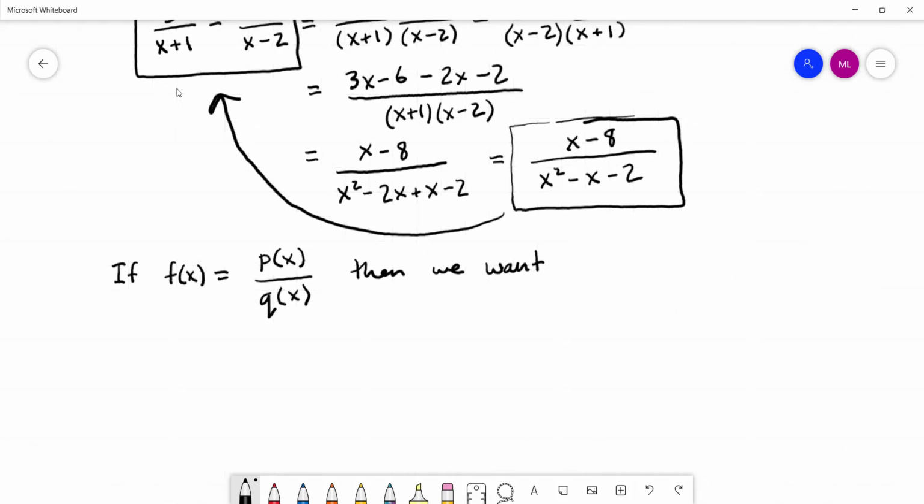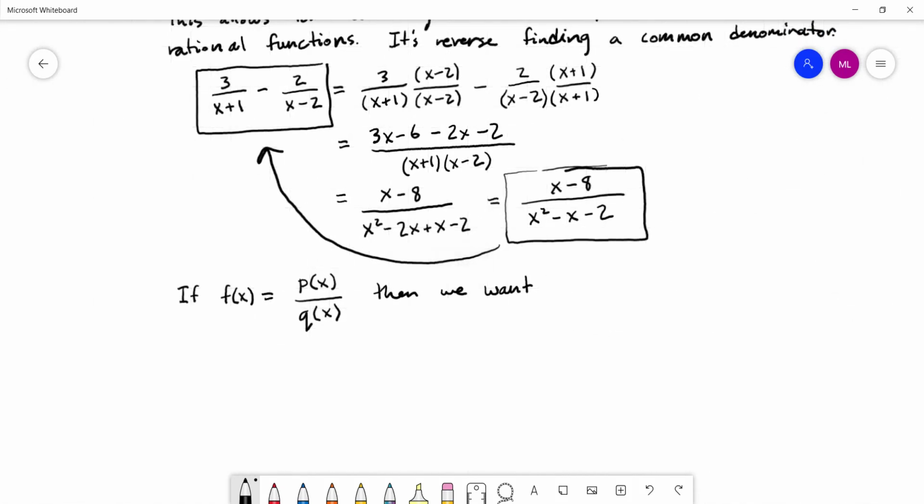If we think about the order we went in on this problem, going backwards, the first thing I would want to do is take this denominator and factor it into these two separate pieces. You'll notice that these two separate factors wind up being the denominators of the two separate rational functions that we end up with. So that's going to be our first step. We're going to want to factor this q of x as much as possible.